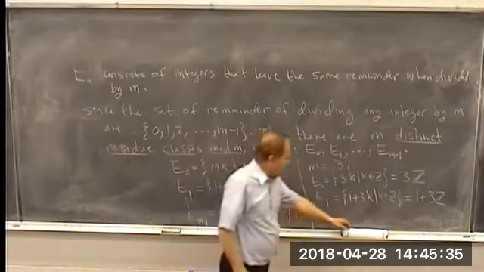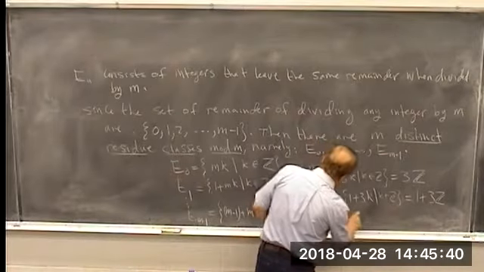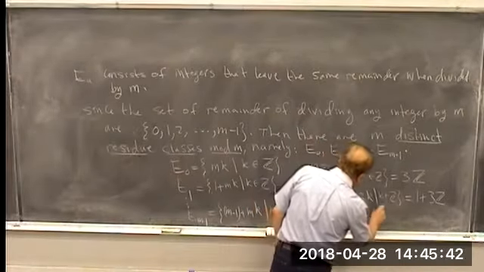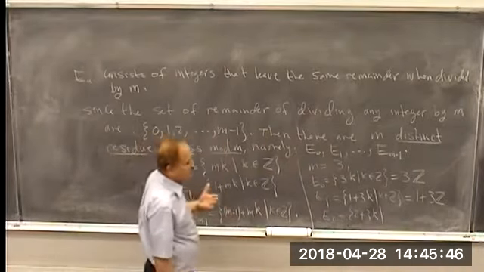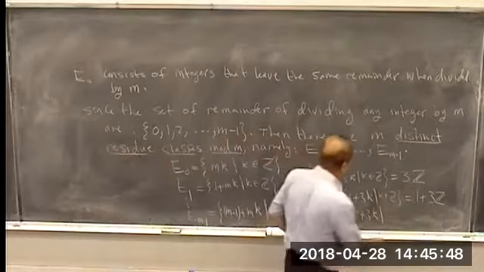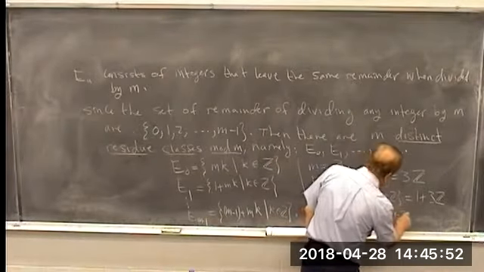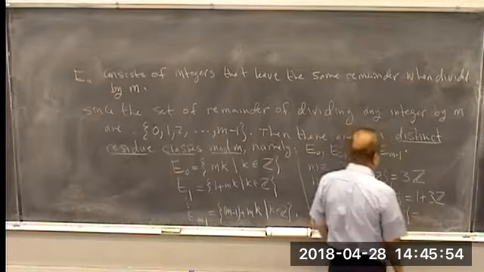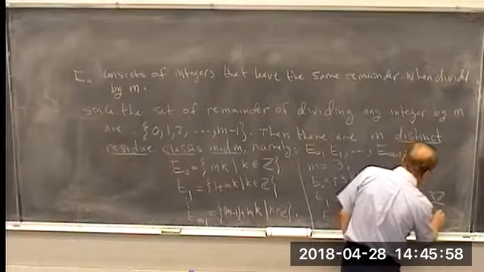And of course, E2 is 2 plus 3k, or in other words, the integers that can be written in the form 2 plus 3k. We have been using this language before. Now we see another way of looking at it is using congruences.